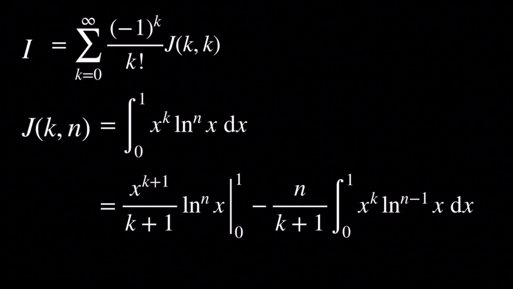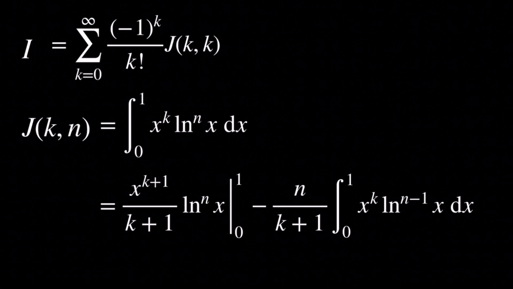Now, because of the natural log, if we evaluate the first term at 1, we get 0. And because of the product x to the k plus 1 times natural log of x to the n, if we take the limit as x tends to 0 from the right, because we can't evaluate it at 0, we're also going to get 0.